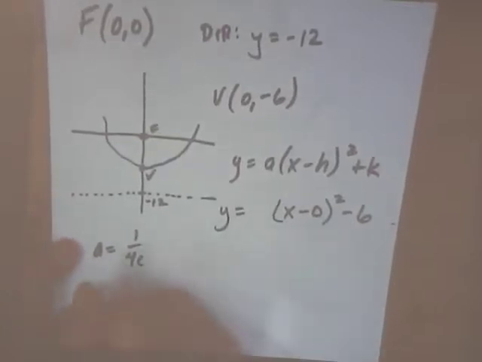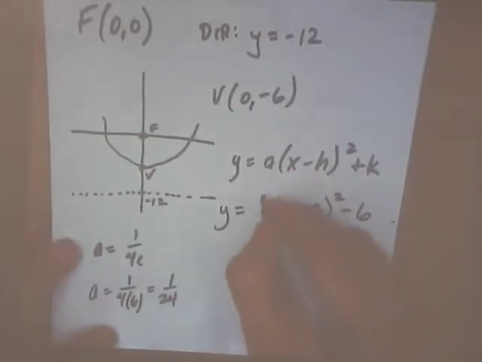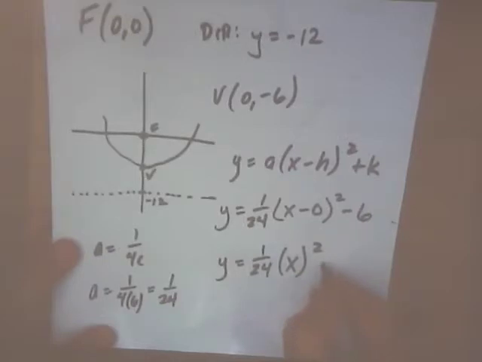So it's going to be 6. So that's 1 over 24. And it's opening up, so I know my a value is positive. And then you just simplify it: y equals 1 over 24 x squared minus 6.